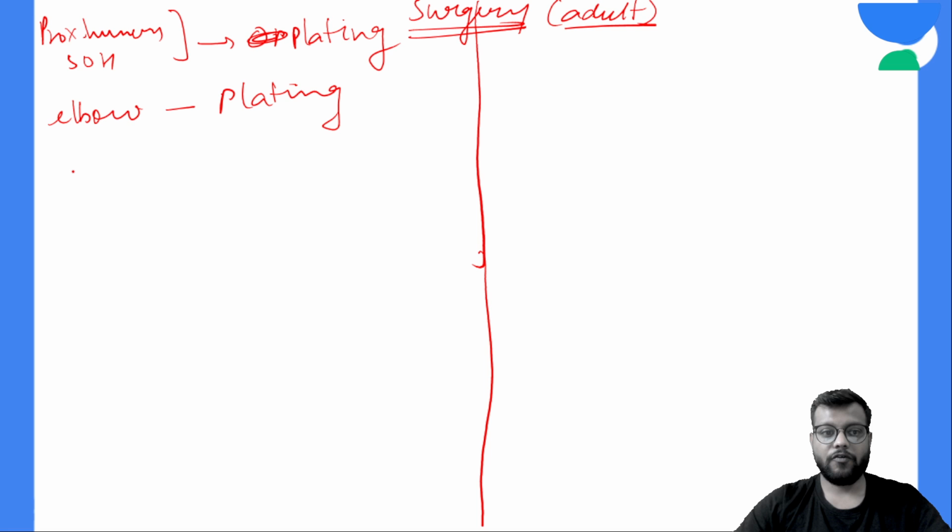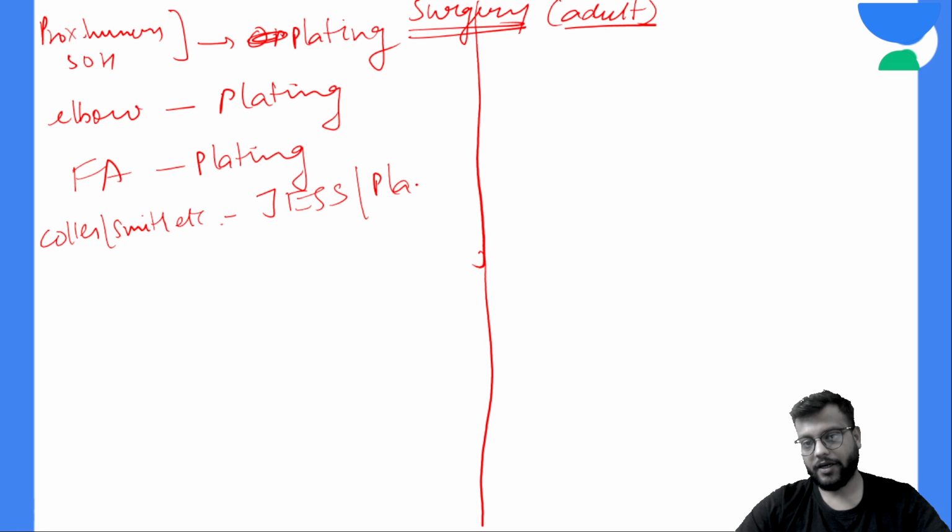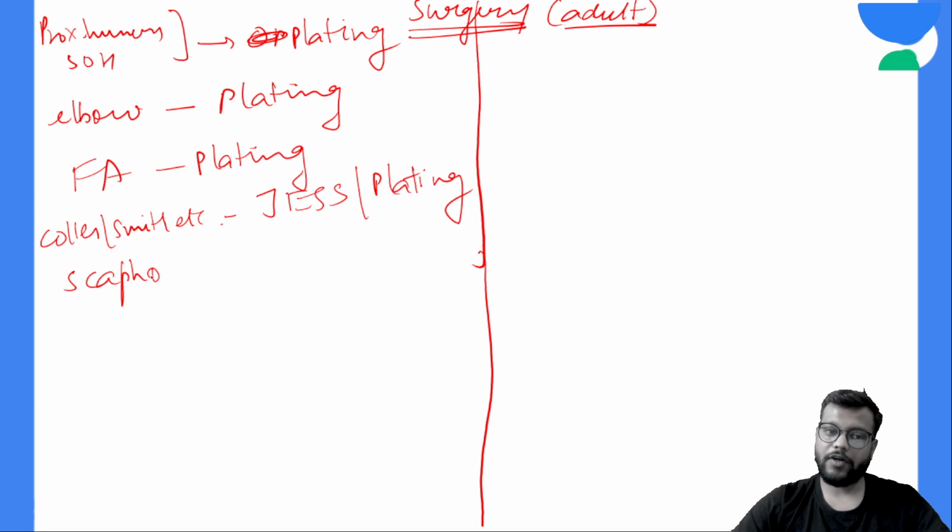Forearm bone, it is plating, that is ORIF. Now Colles, Smith, etc., you can either go for an external fixator or plating, that is volar plating. For scaphoid, either conservative or ORIF with Herbert screw.